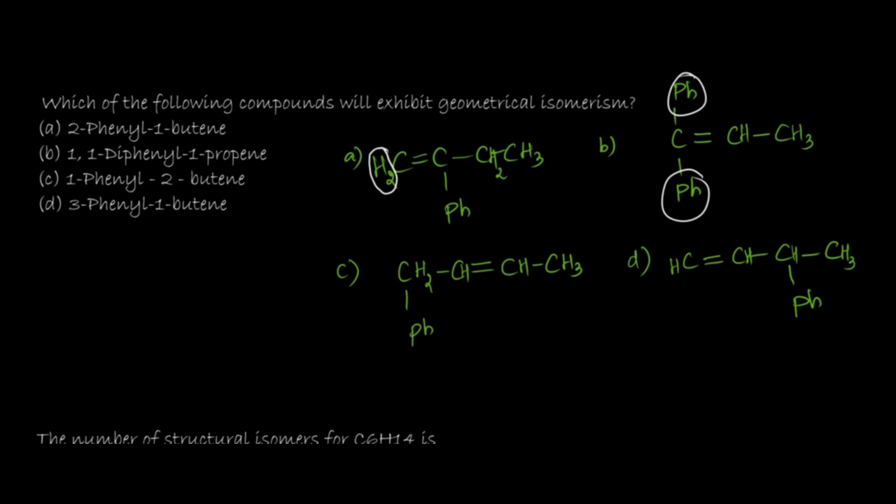And what about this one? Yes, it can. So let me write it in this way. Carbon which is attached with 1 hydrogen, another CH2 phenyl, double bond, another carbon with hydrogen and CH3. So this can exhibit geometrical isomerism. What about option D? That is not, because of 2 hydrogens over there. So the right answer is option C.